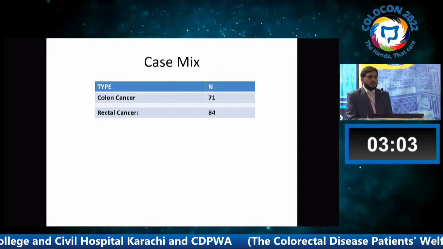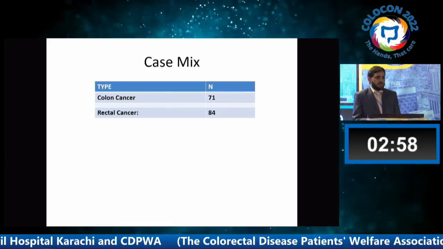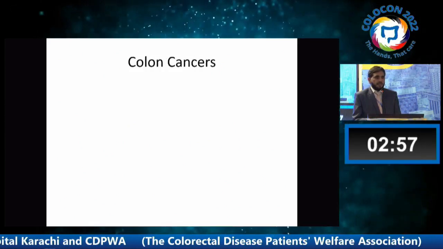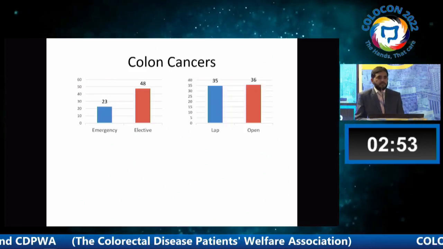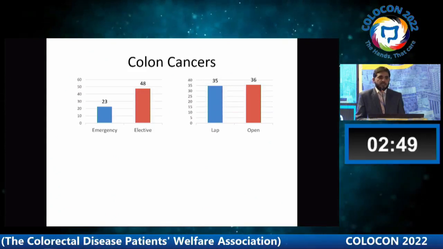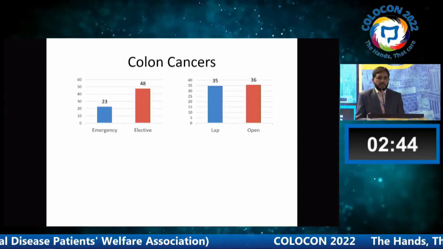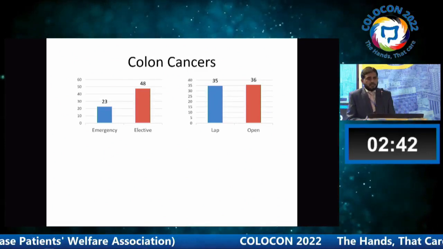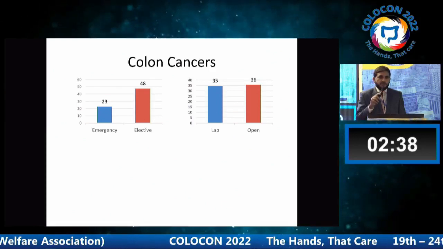Our case mix is colonic cancer 71 and rectal cancer 84. Out of colon cancer, 35 were laparoscopic and 36 were open cases. This does not show that we don't have a laparoscopic unit.